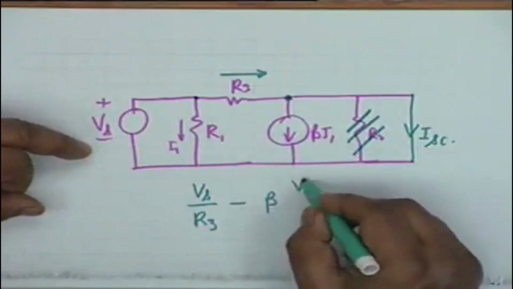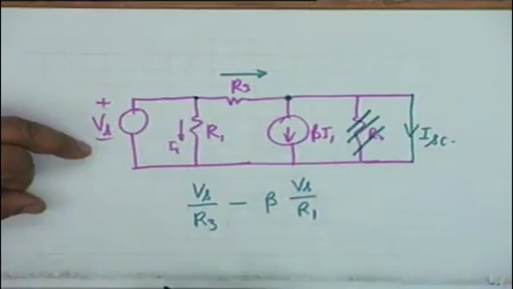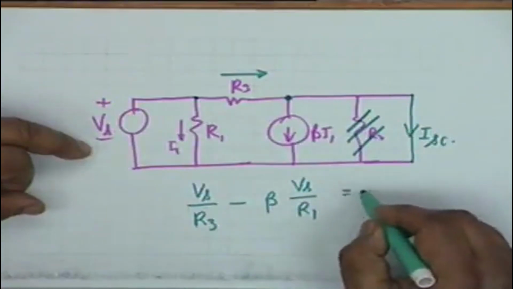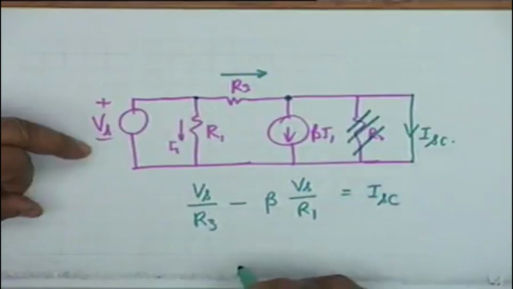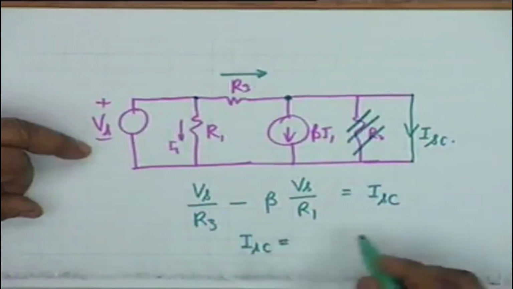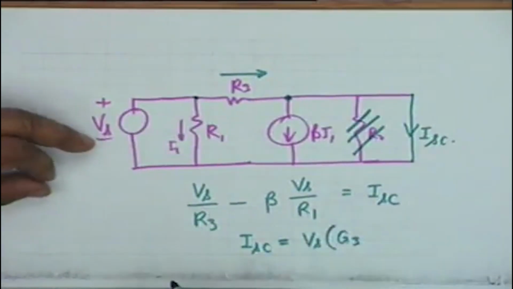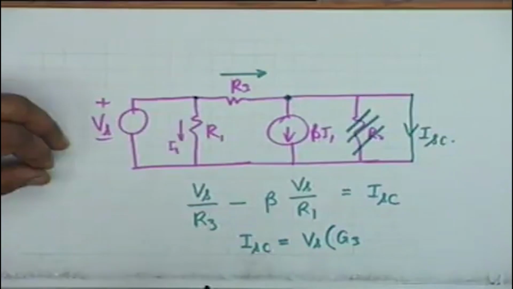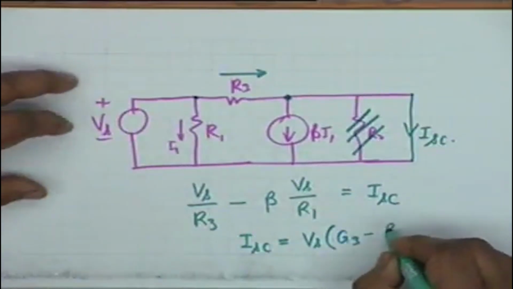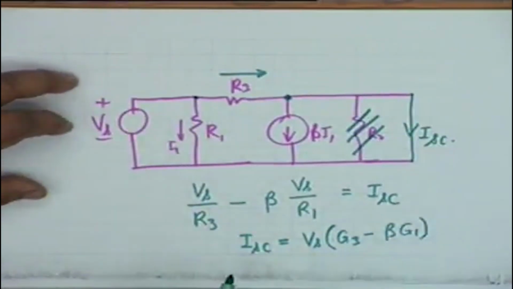I1 is still Vs divided by R1. This should be equal to ISC. That is, ISC is equal to Vs G3, with the same terminology, conductance, minus beta G1.